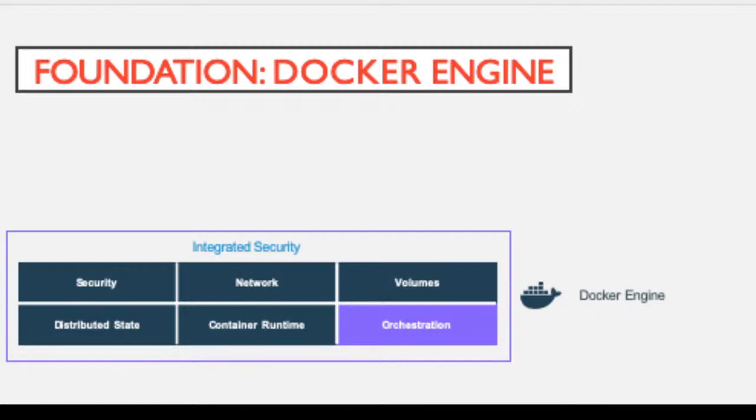A Docker engine basically has things like integrated security. That is the key feature of the Docker engine. So what is integrated security? You have security, network, distributed, statistics, container runtime, orchestration, and so on as part of the Docker engine.